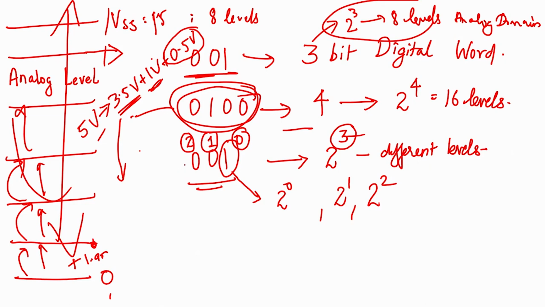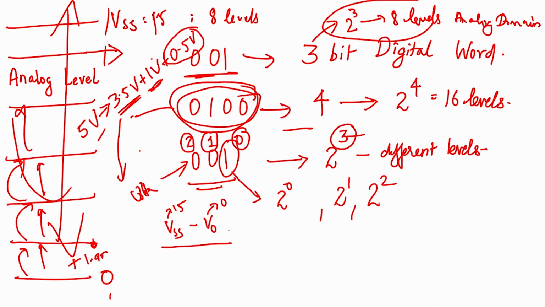In order to get the voltage level that it corresponds to, what we have to do is that, how did we come from the analog domain to the digital domain? We had a supply voltage, let us say VSS minus V0 which was 15 and 0 volt before, and we divided it into 3 bits, right.